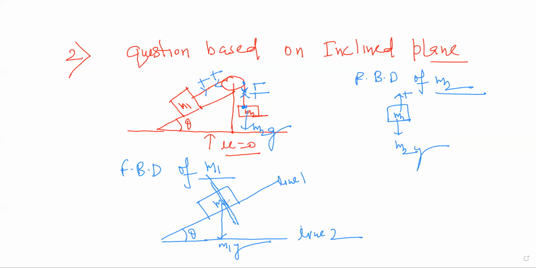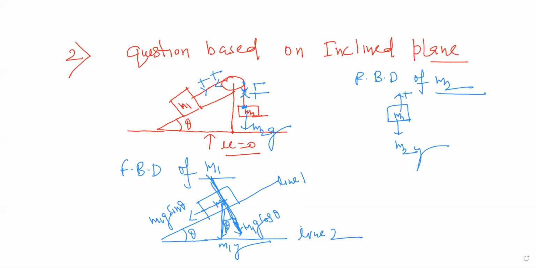This is perpendicular to line 1 and this is perpendicular to line 2, so this will also become theta. So the component of m1g along this direction will be m1g cos theta, and the component of this force m1g along the inclined plane will be m1g sin theta.